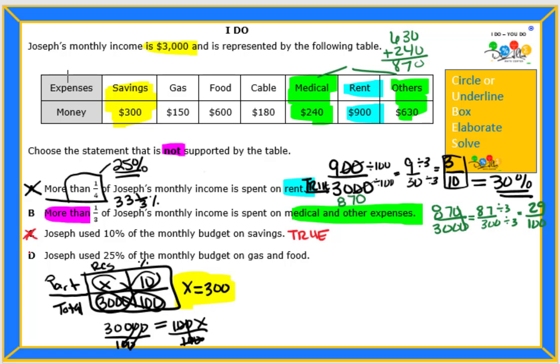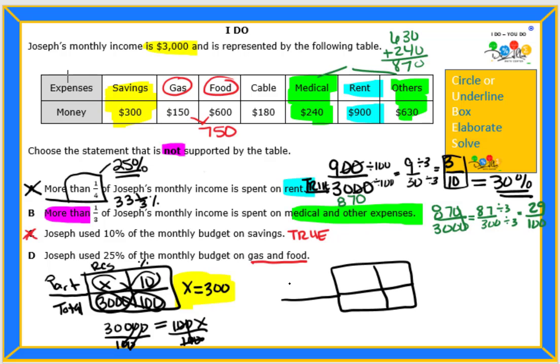The last one says Joseph uses 25% of the monthly budget on gas and food. So gas is 150 and food is 600. So together, 150 plus 600 is $750. And we can put that into our percent box. Part to total. The part that we want is the gas and food.